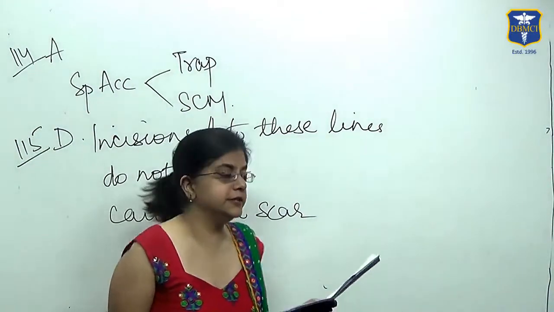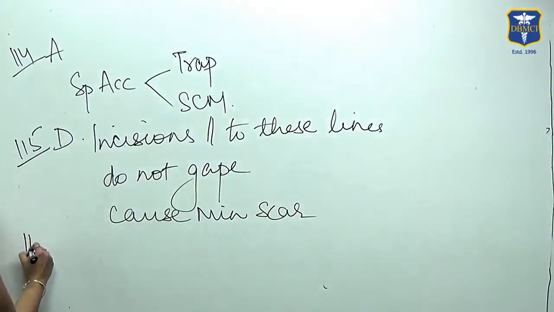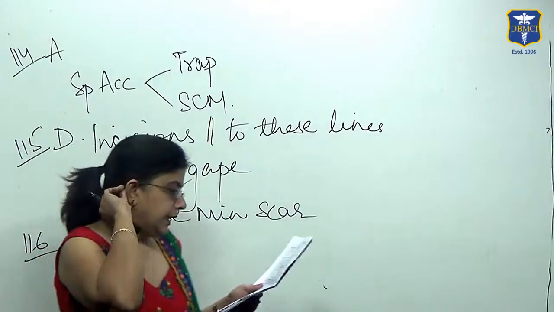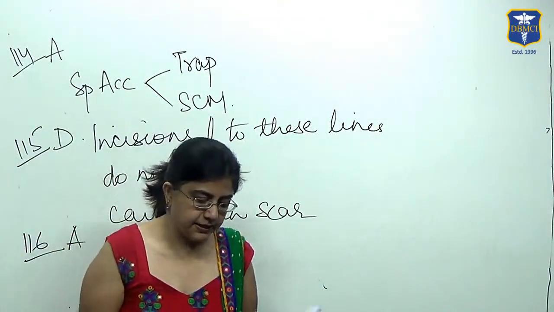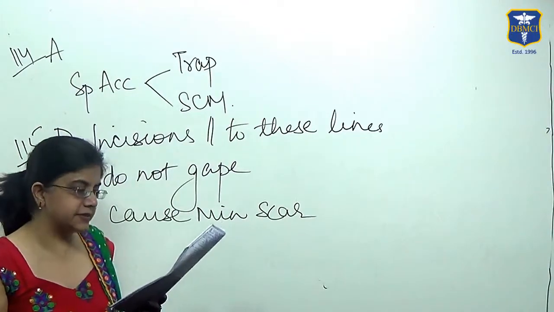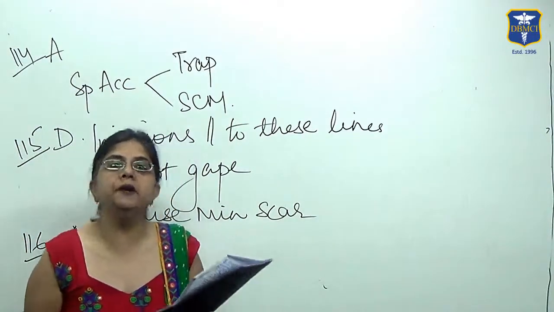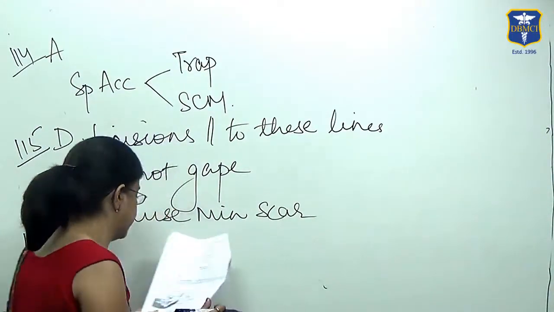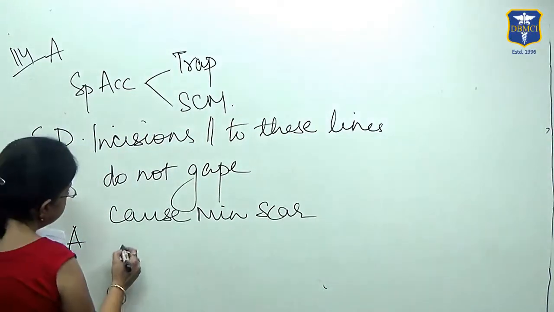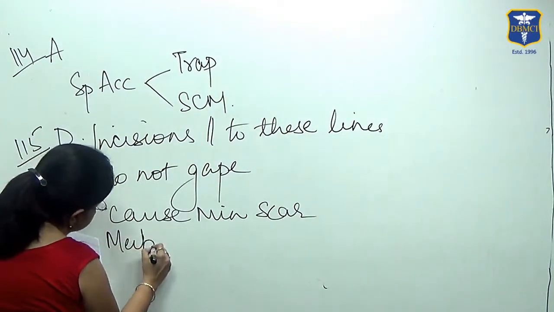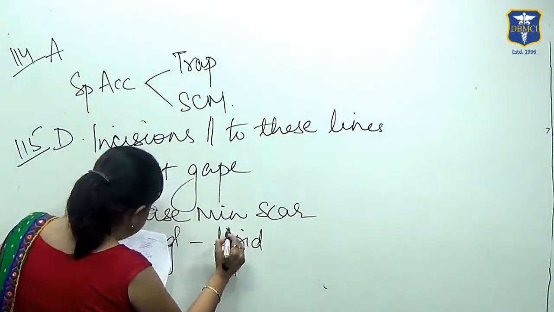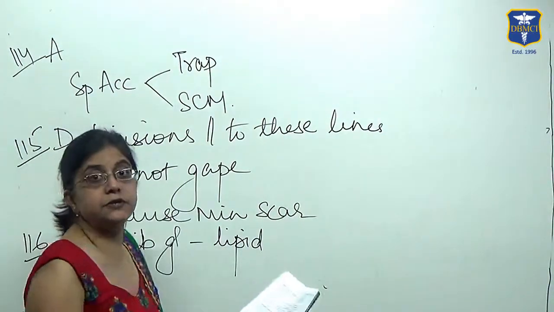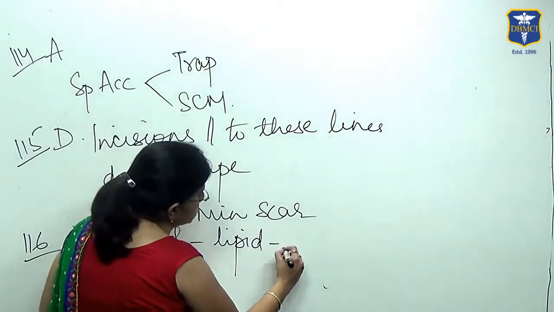Question 116, the answer is A. If we look at the other choices, choice B, the meibomian glands secrete lipid-rich secretion. In the choice, it is given mucin-rich, so it is not mucin-rich.